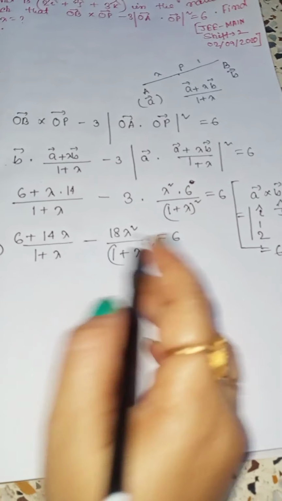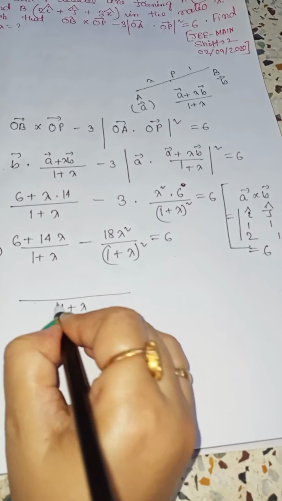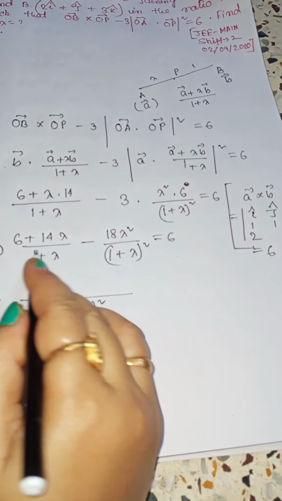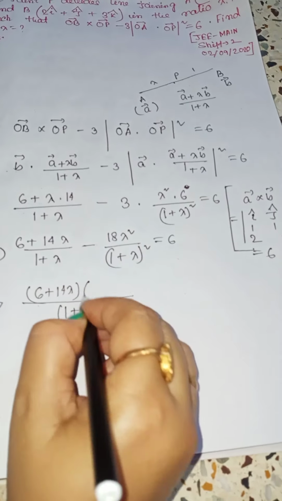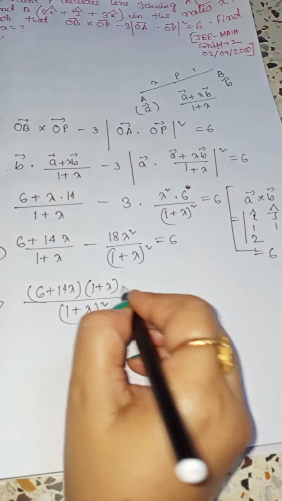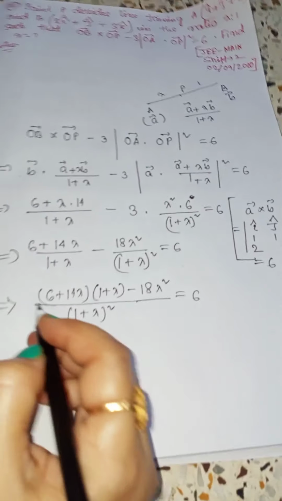And so our common factor is 1 plus lambda whole square, and it becomes 6 plus 14 lambda into 1 plus lambda minus 18 of lambda square is equal to 6.